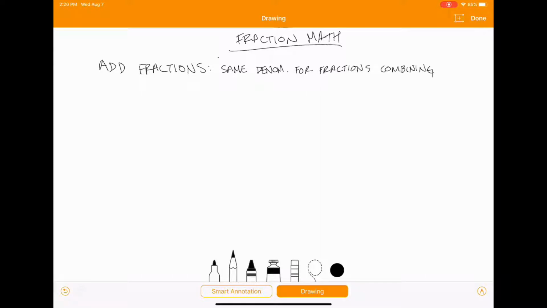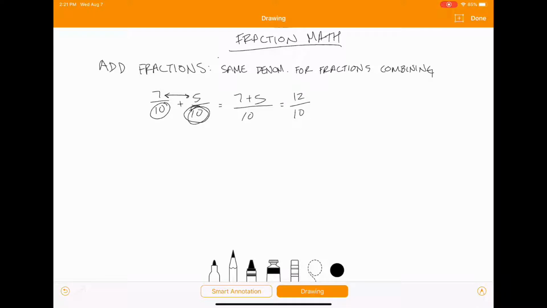So for example, if we had 7/10 and 5/10 and we wanted to add those together, because they've got the same denominator, we just add these top ones and stick it over this similar denominator. So it's going to be 7 plus 5 all over 10. So that would be 12 over 10.